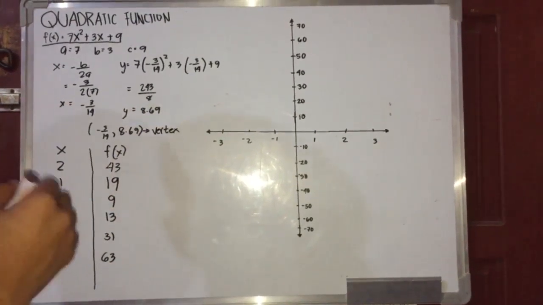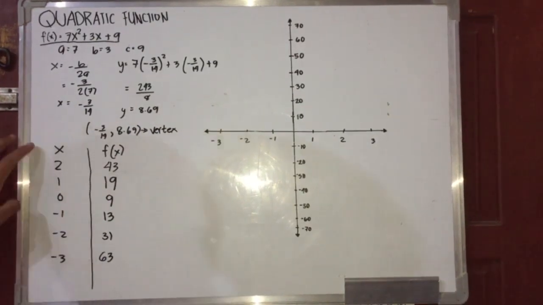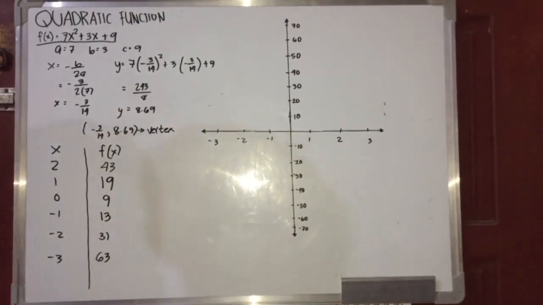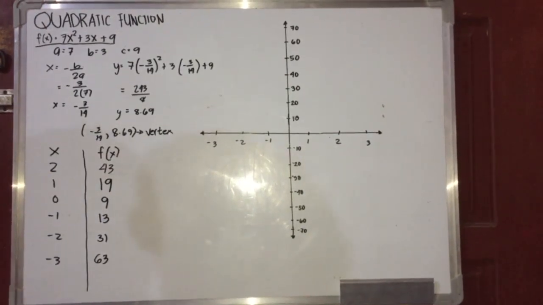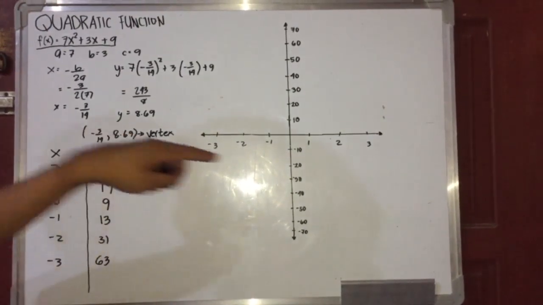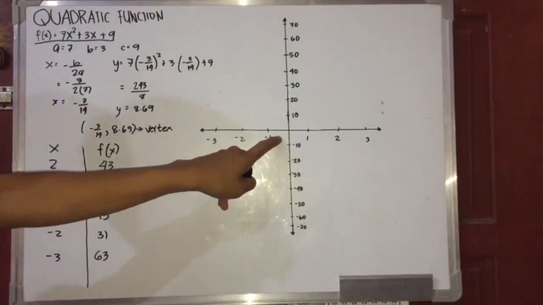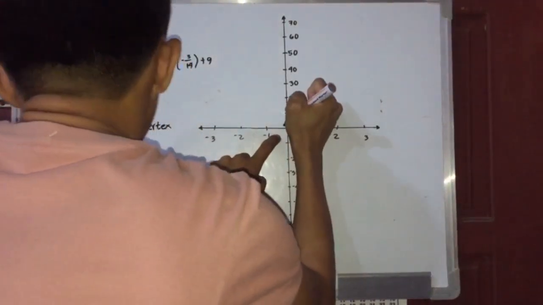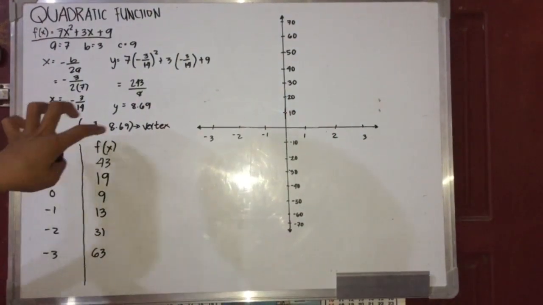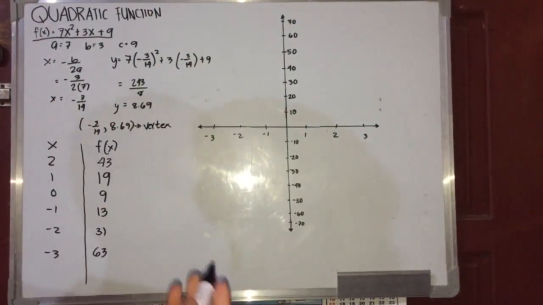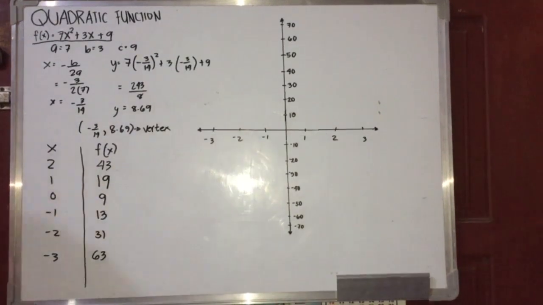So the next thing we do is to plot our ordered pairs. We need to plot our vertex. So negative 3 over 14 and 8.69. So by the way, negative 3 over 14 is also equals to 0.2.